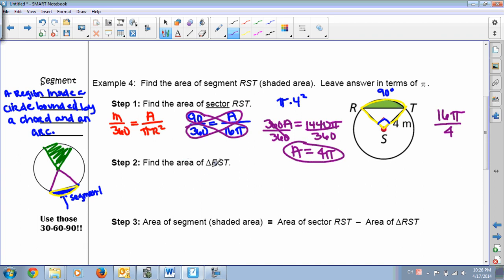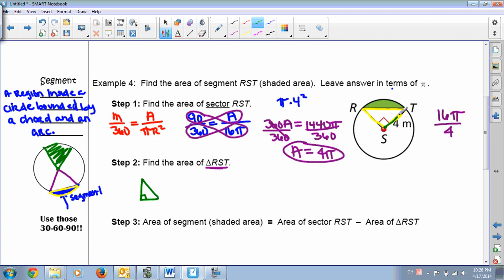Find the area of the triangle RST. I'm going to erase some of the markings I've made on here. Triangle RST is everything inside of the sector that's not the green part. So I just highlighted it in yellow right there. So if we were really looking at this triangle, it's just a right triangle. It looks like this, and this is 4.